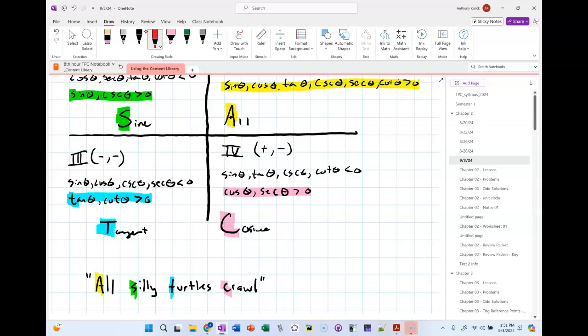But this skill of being able to tell what quadrant something's in based on if it's positive or negative, or being able to tell if something's positive or negative based on the quadrant, that's a really important skill that will not go away. It will be an important skill for the remainder of the semester.